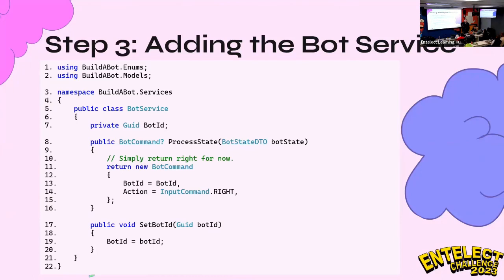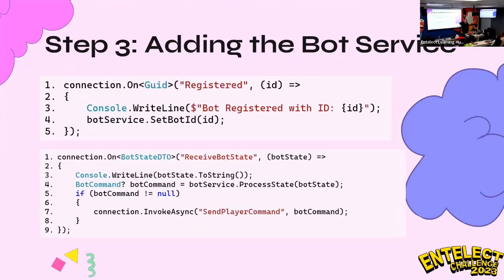Then we make some changes to our program.cs file. Rather than having a variable for the bot ID there, we call the setter on the bot service. I forgot to show it in the slides here, but you do need to add the bot service. You initialize a new variable in the program file. And then when we receive our bot state, we basically just get the bot command back, check if it's null.